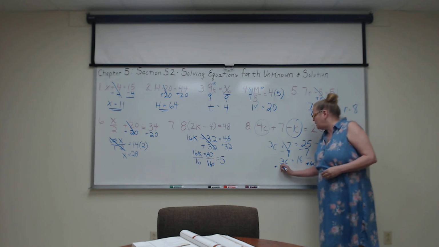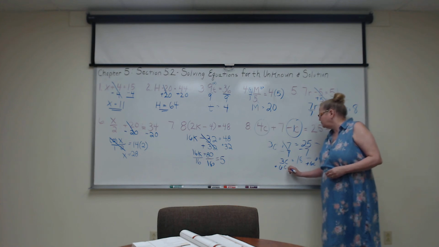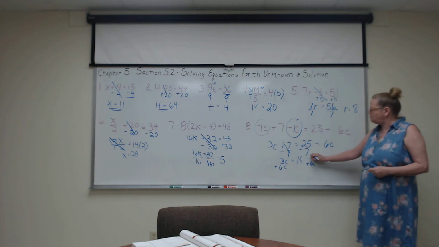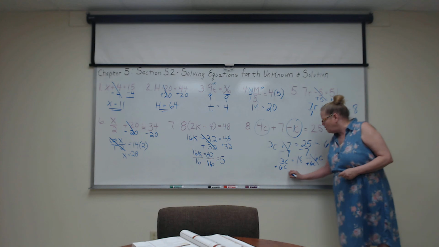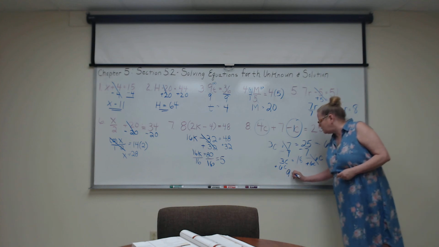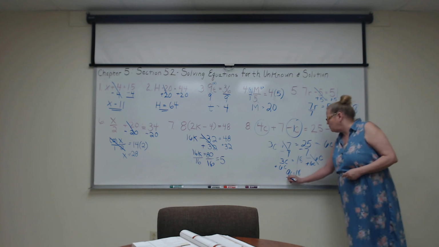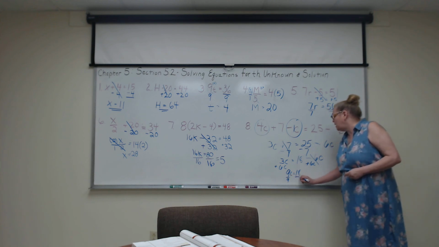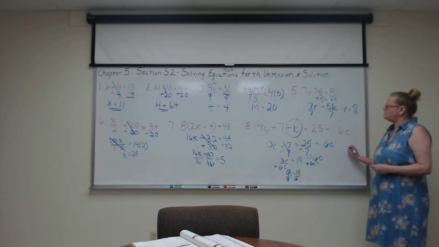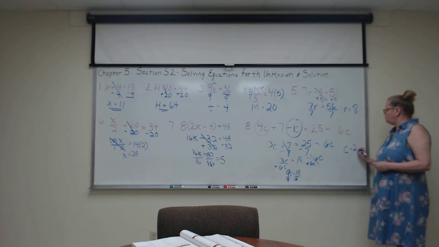What we do to one side, we have to do to the other. So when we do that, it cancels out, and we get 9C equals 18. We divide by 9, and our answer is C equals 2.